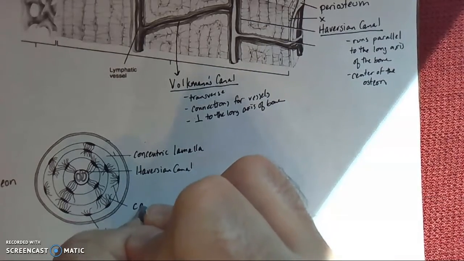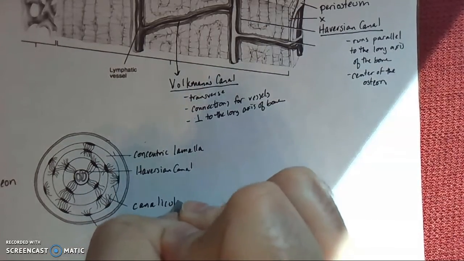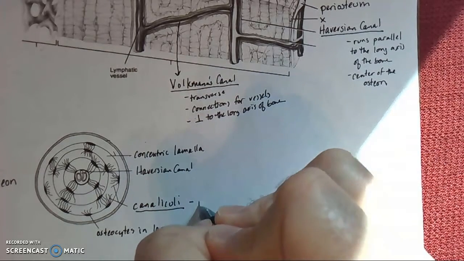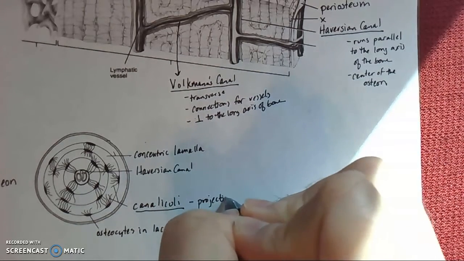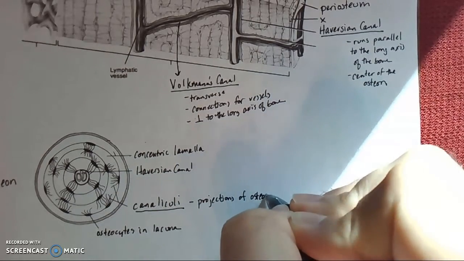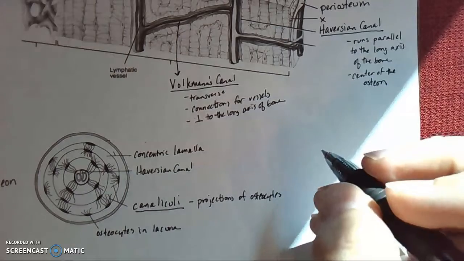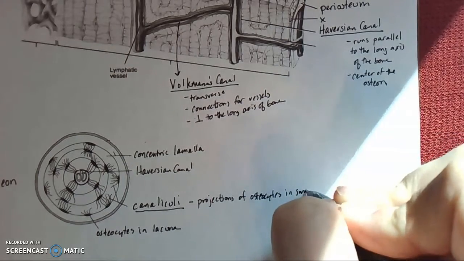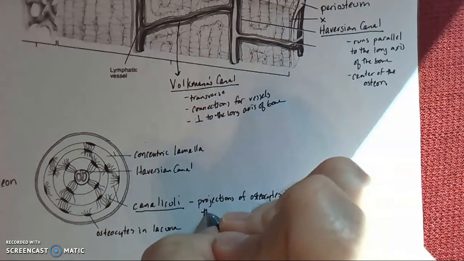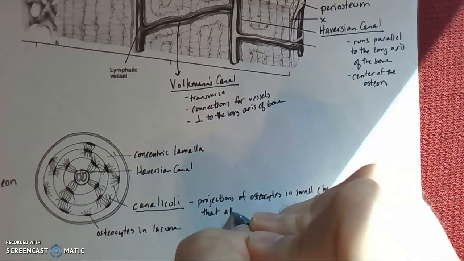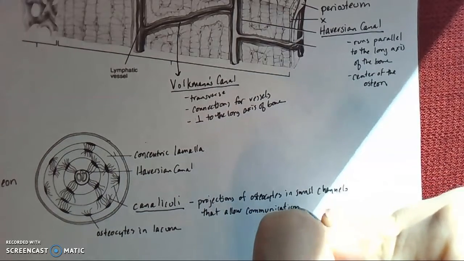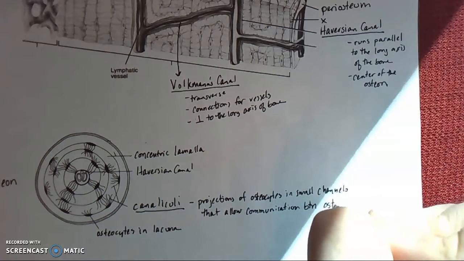These are called canaliculi. These are projections of osteocytes in small channels that allow communication between osteocytes.